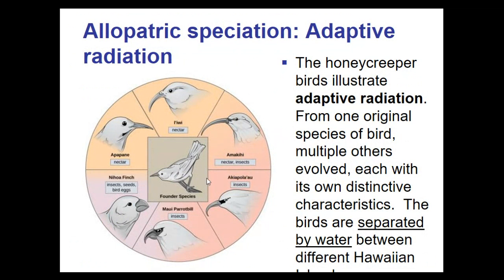They also are believed to have come from one common ancestor. This is called the founder species. This one is believed to have come from the mainland United States or North America, or I don't know if it's supposed to have been from North America or Asia, but this one species got to the Hawaiian Islands, and then on the different islands, with different environments, adaptive radiation has resulted in these different species of honeycreepers.